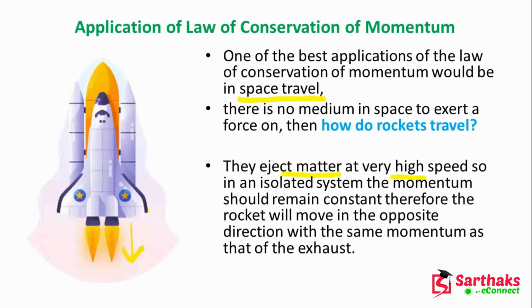So the rocket will move in this direction with a high velocity, because this gas material will be ejected from here with a very high speed. And to maintain the conservation of momentum, the rocket will move with a very high velocity but in the opposite direction. So that's why we are using conservation of momentum in the case of rockets also.